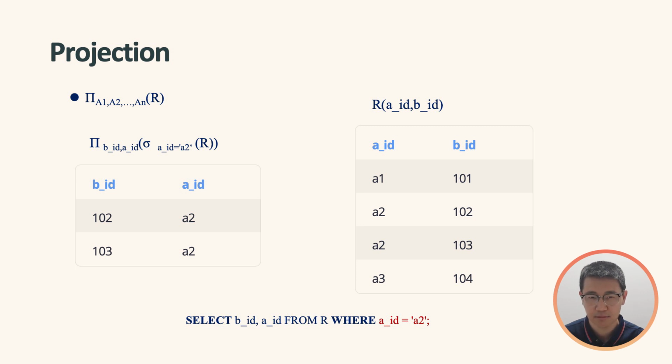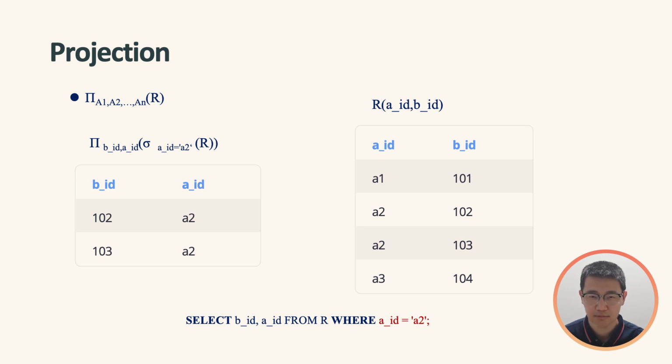Furthermore, it allows for the reordering of attributes in the output relation. If I specify the order as b_ID, a_ID, then what it projects in the end will be b_ID 102, a_ID A2, b_ID 103, a_ID A2, thus performing such an operation.